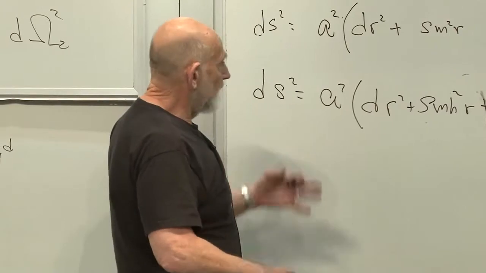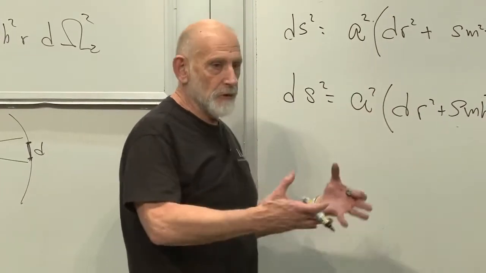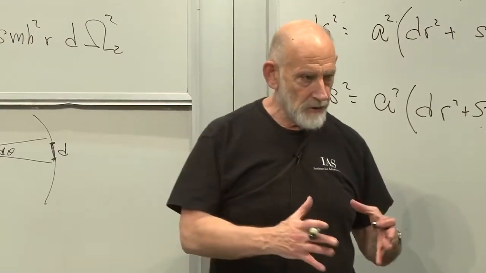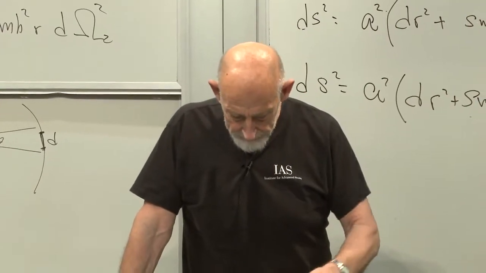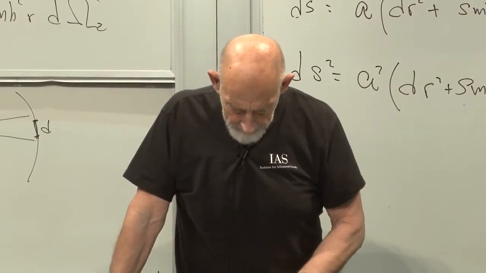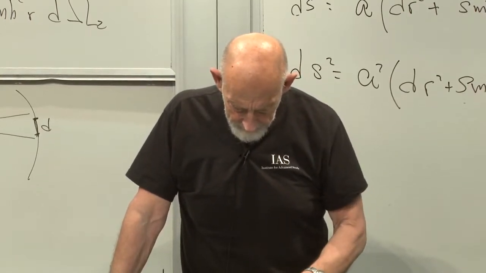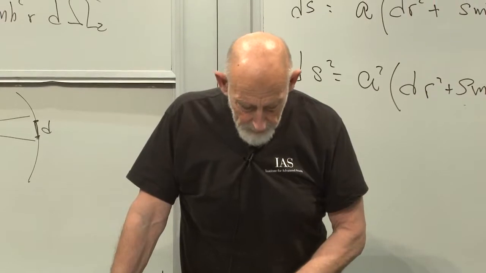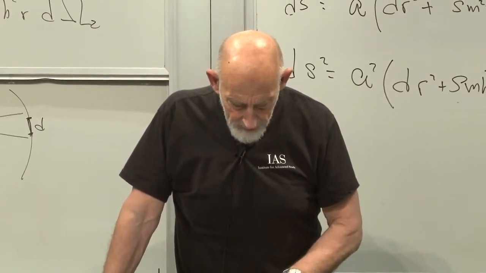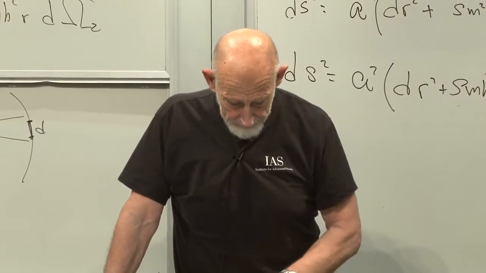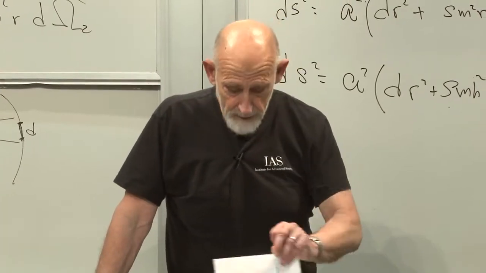The bigger a, the flatter the hyperboloid is, but they're all similar to each other, in the technical sense that they're just expansions and contractions of the same thing. It is assumed in most of cosmology that the space that we live in is one of these three spaces. Let's take a 5-minute break.